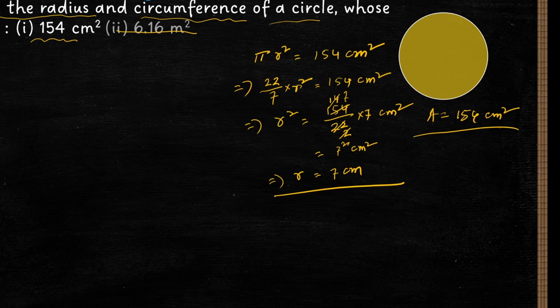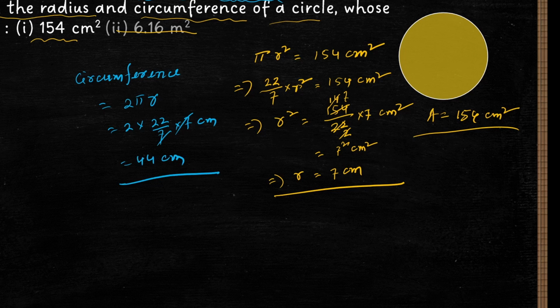Now we have to find the circumference of the circle. So circumference is equal to twice pi r, and 2 multiplied by 22 divided by 7 multiplied by 7 centimeter. 7 cancel, and this is equal to 44 centimeter, the circumference of the circle.